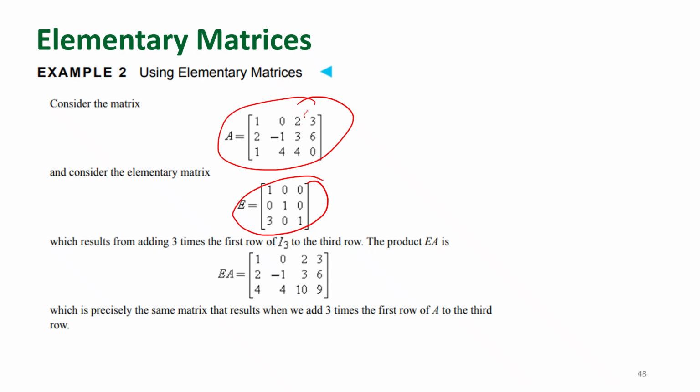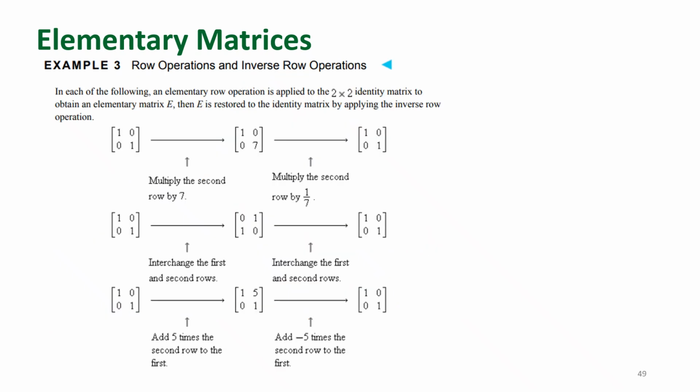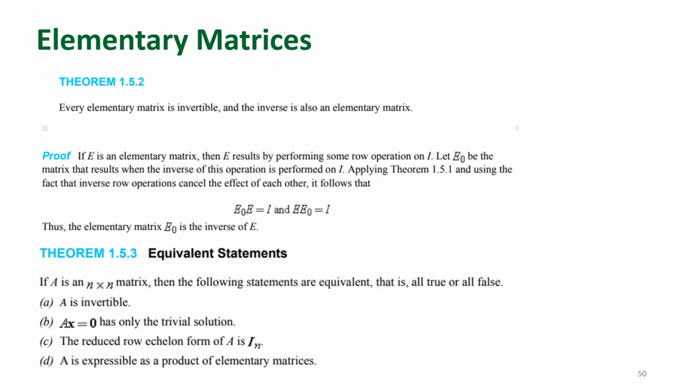Now, when you multiply E by A, then you will have this one. So basically, elementary row operations are the step-by-step actions taken in order to reach the identity matrix.